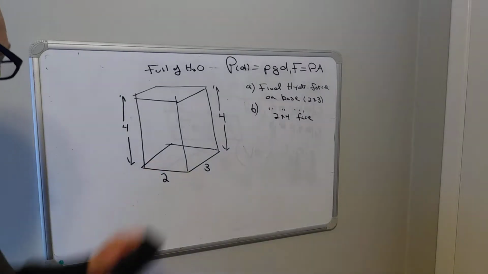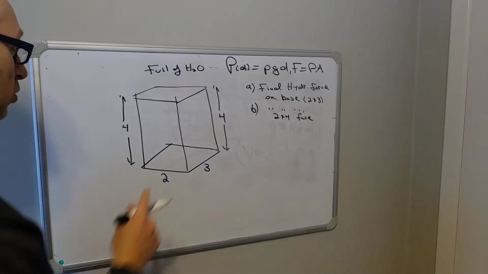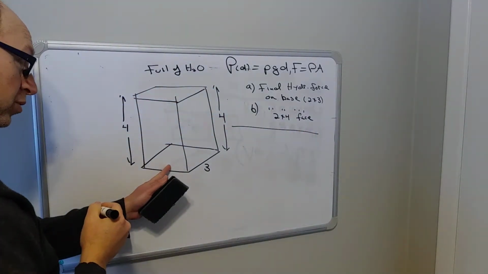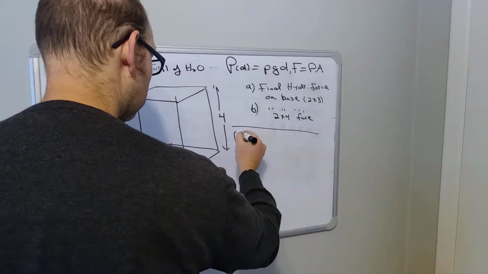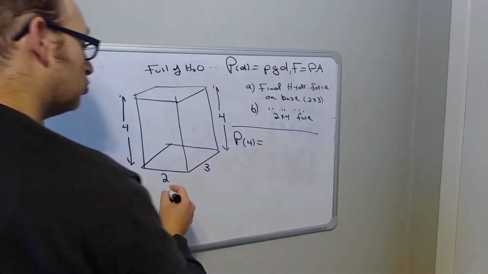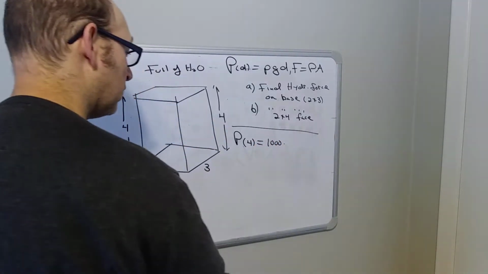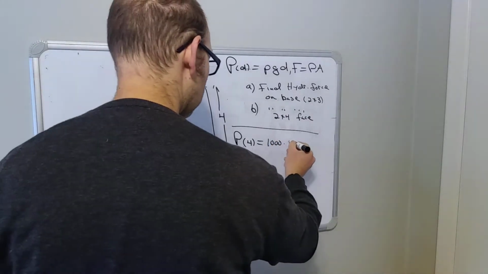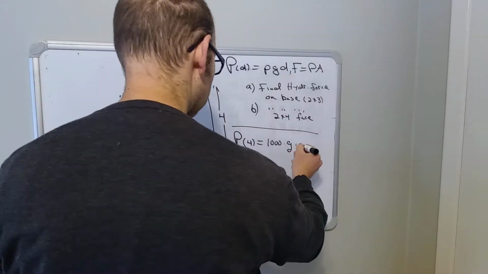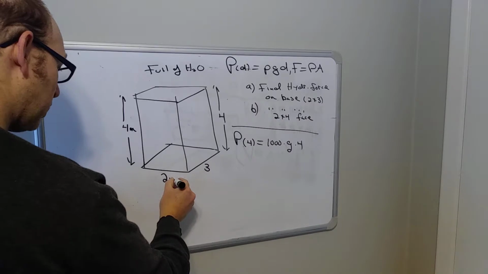Okay, part A is really easy. So we know the pressure at that depth. So the pressure at a depth of 4 is equal to the density, 1,000, times gravity. And we just leave it as G, times the depth, which is 4 meters. Oh, by the way, we have to be in meters in order for these to work out.